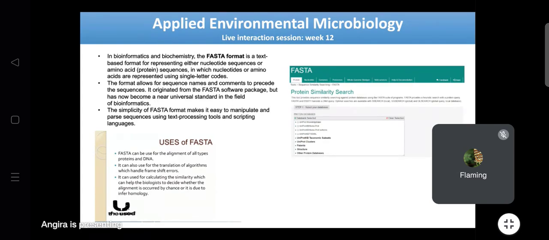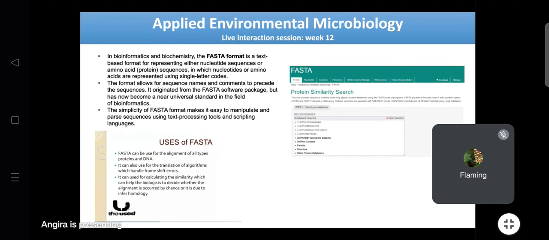Okay, sorry. So basically, it allows to search for similarity between the protein sequences or the nucleotide sequences. The simplicity of this format helps us to manipulate and put sequences depending upon the scripting language. The uses are that it can be used to align the protein and the DNA sequences, and the translation algorithm helps us to handle frame shift errors.